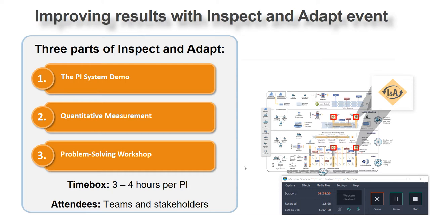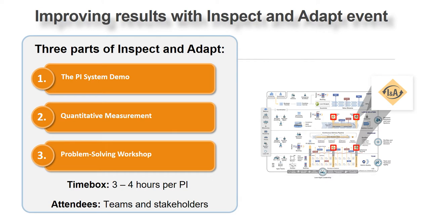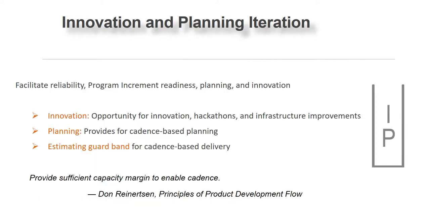So these are the three things that happen in the inspect and adapt cycle. You see this I&A that is mentioned, which happens before the PI planning meeting starts. And then we have the innovation and planning iteration that I mentioned, the last 2 weeks that we get.